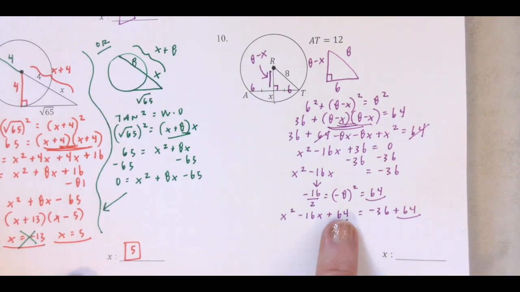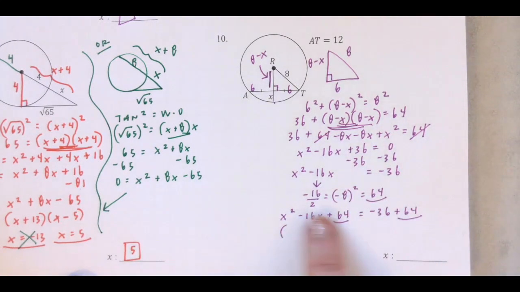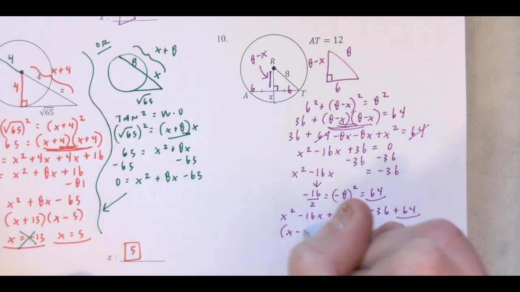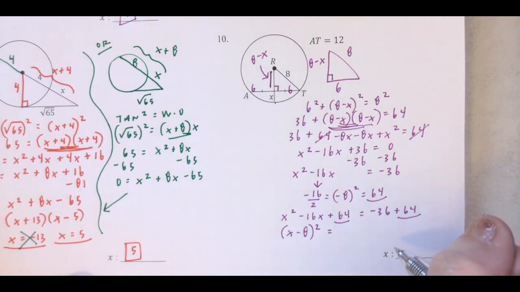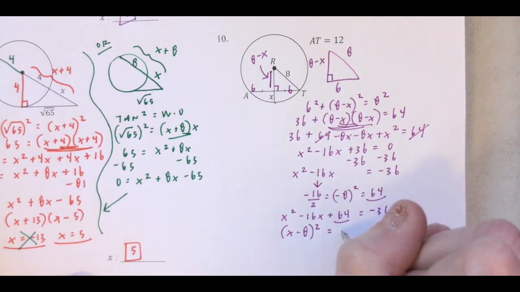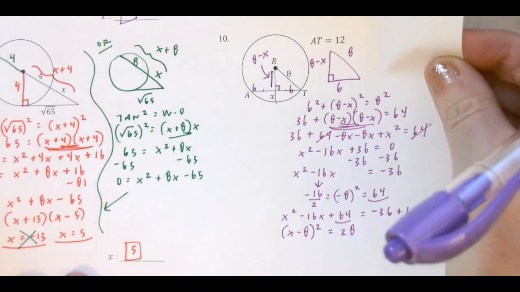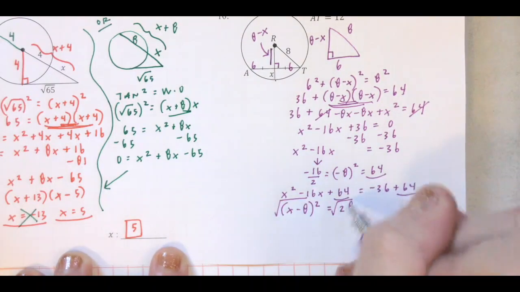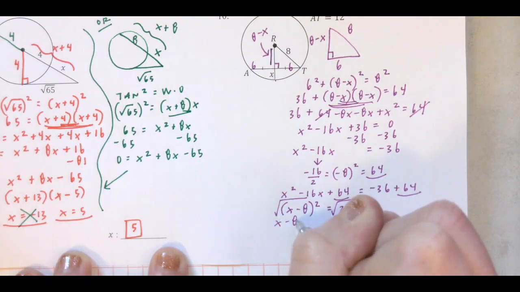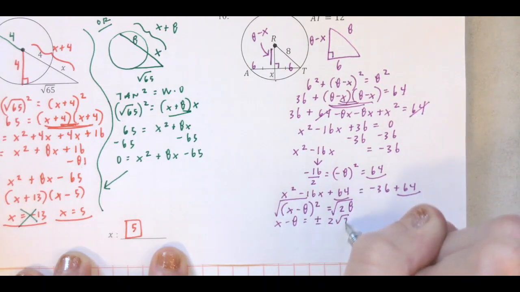The whole point of doing that is to create a perfect square trinomial. So this factors into x minus 8 as a quantity squared is all equal to 28. Solve by taking the square root. So x minus 8 equals plus or minus 2 root 7.